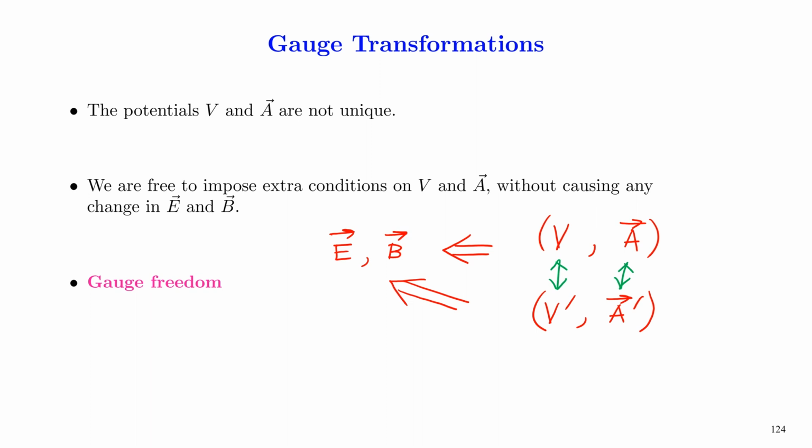That is, if we have a set of scalar and vector potentials V and A, we can find another set V prime and A prime that will not change the functional form of E and B.